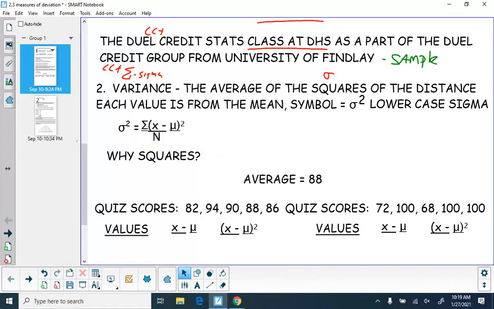How do we calculate this? It's the sum of the values minus the mean, squared, divided by the sample size.